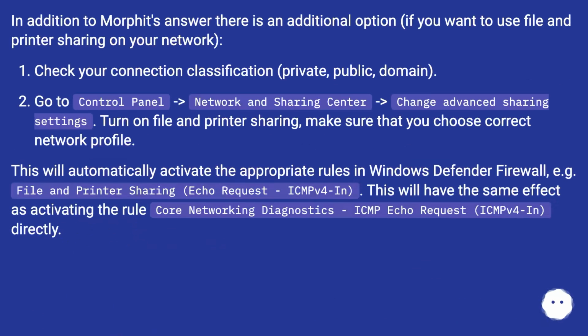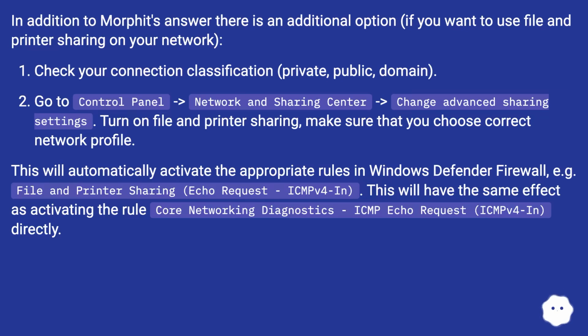In addition to Morfit's answer, there is an additional option if you want to use file and printer sharing on your network. Check your connection classification: private, public, domain. Go to Control Panel, Network and Sharing Center, Change advanced sharing settings. Turn on File and Printer Sharing, and make sure that you choose the correct network profile.